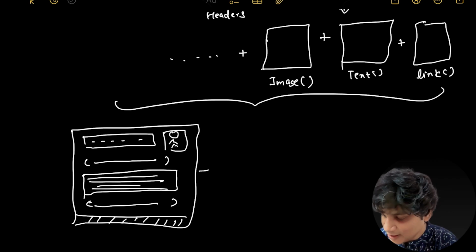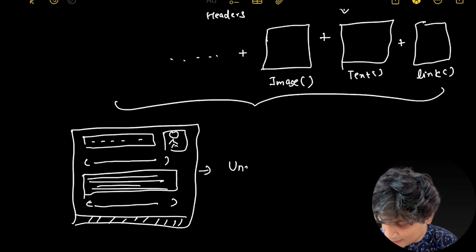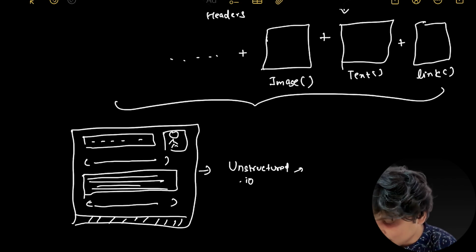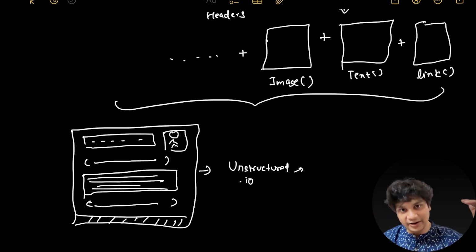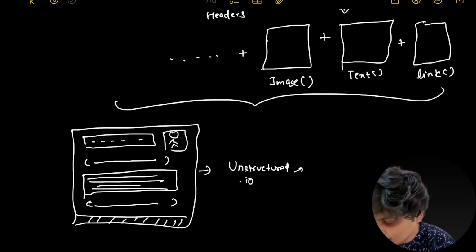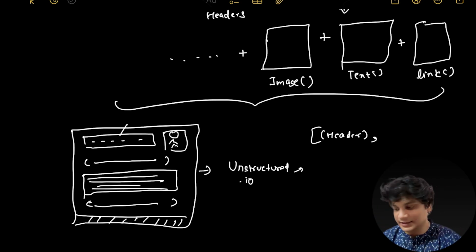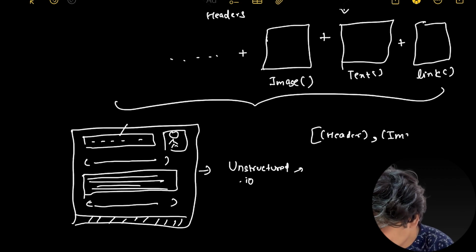Now suppose I give this to the unstructured.io library. It will try to segregate everything. It will read from left to right, top to bottom. Let's say this is my header, so it is going to write this as a header. Then next to the header is the image, so it is going to write it as an image.